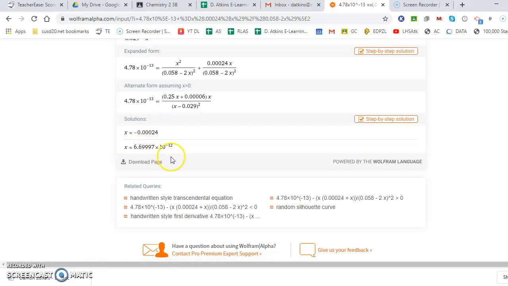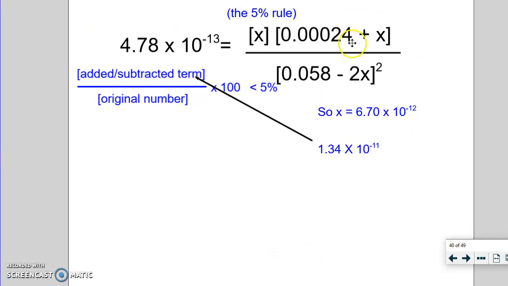But what if they were both positive? If they were both positive answers, then you'd have to use the one that made sense. For example, in here, if x is a positive number, there are certain positive numbers that are not going to be allowed here. Any number that when multiplied by 2 is more than 0.058 would produce a negative amount in the denominator.